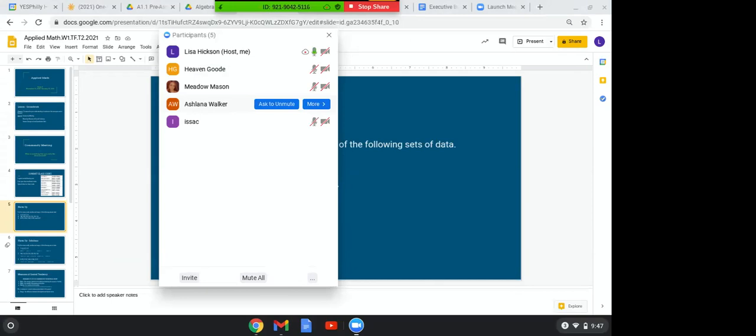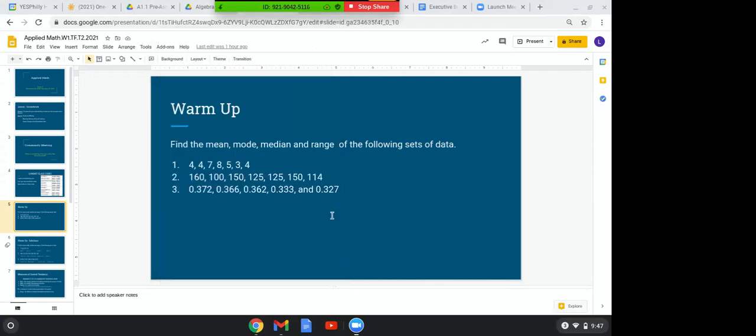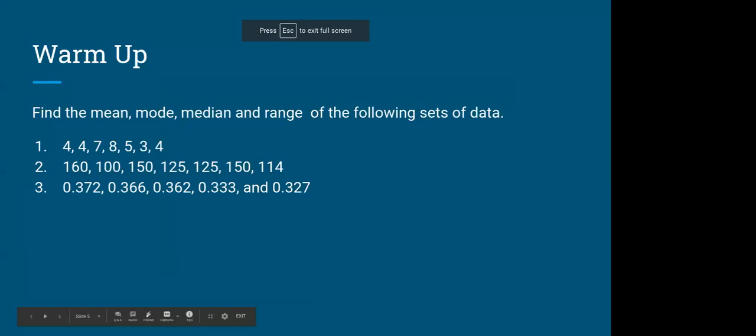All right, so Ike, what we're doing right now is a warm up to today's lesson, which is just laying the groundwork for what we're going to do for the rest of the term. So we are about to do the mean, mode, median, and range of the following sets of data. We have the 3 sets of data that are on the screen.